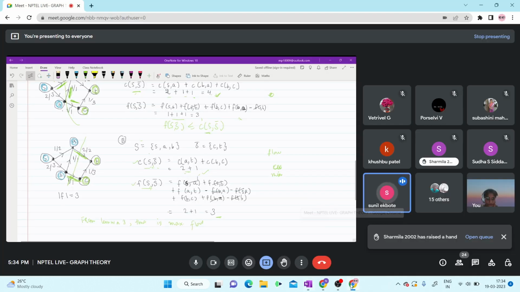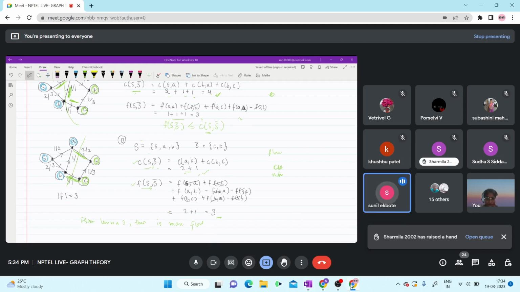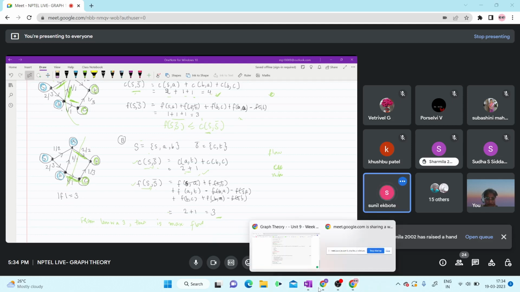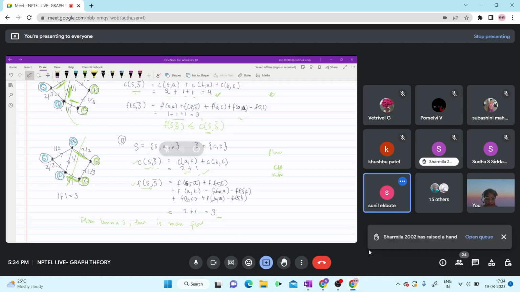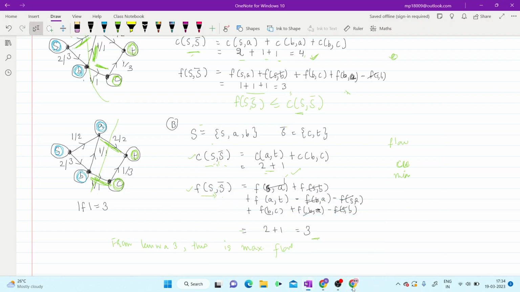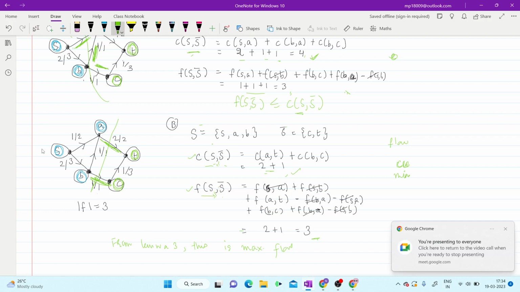Madam, what is meant by total flow? Is total flow equal to maximum flow? There is no concept of total flow in this flow network. Total flow is just the value of flow.